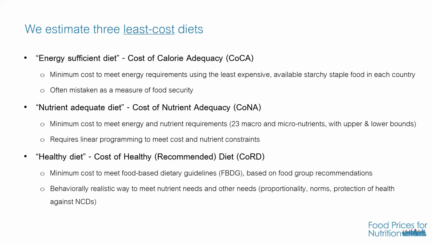So this is the type of advice that governments put out to help people actually meet their nutrient needs, as well as other needs. So things like proportionality of food groups, norms, and of course, the protection of health against NCDs, which is also a purpose of food-based dietary guidelines. So these are the 3 least cost diets we estimate.